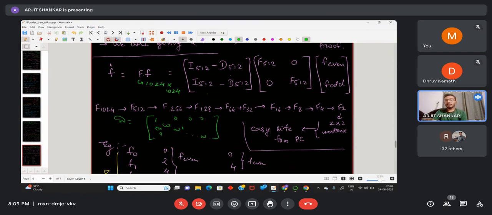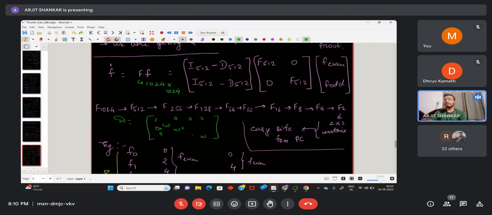And this capital F512 is similar. This is not fully diagonal, but the individual blocks are diagonal: this I512 is diagonal, this minus D512 is also diagonal, this is also diagonal, this is also diagonal. We know that multiplying two diagonal matrices is pretty easy, right?